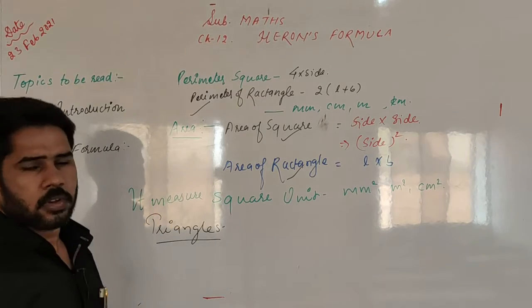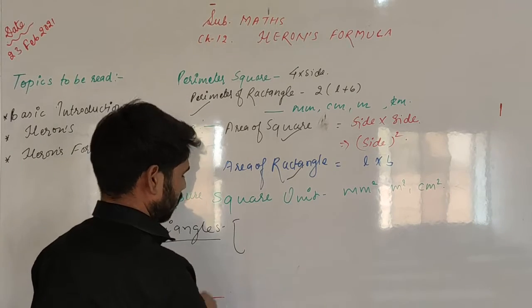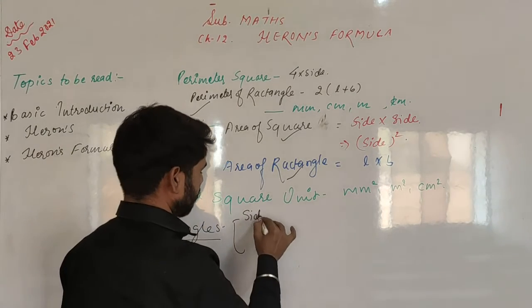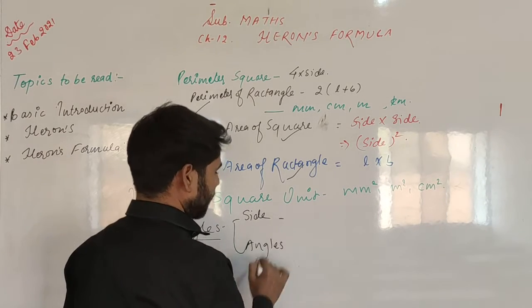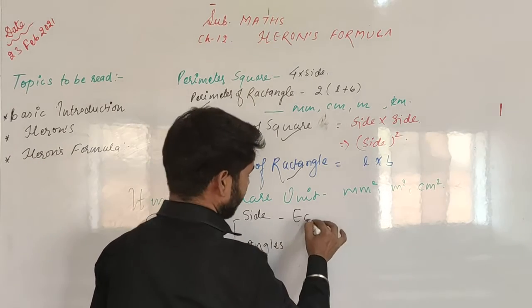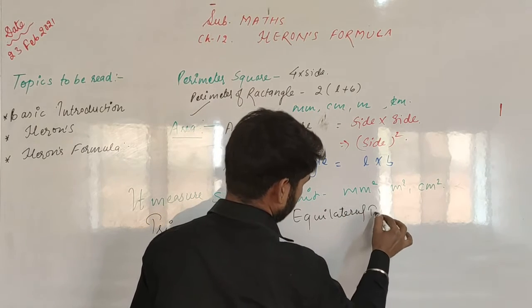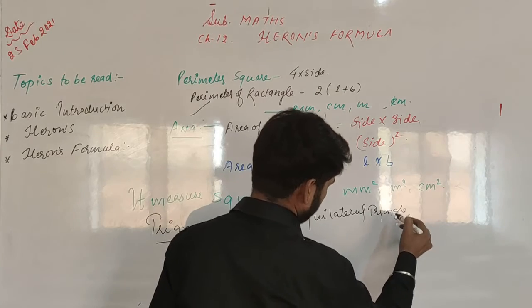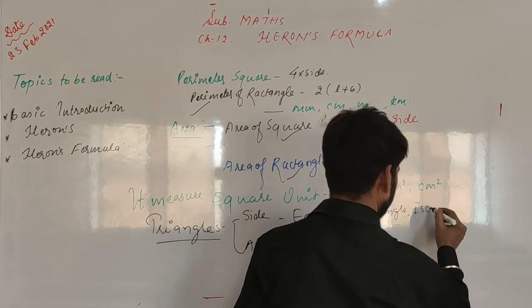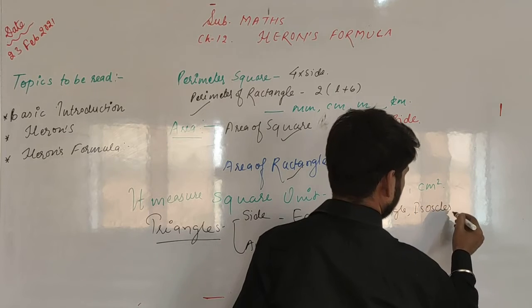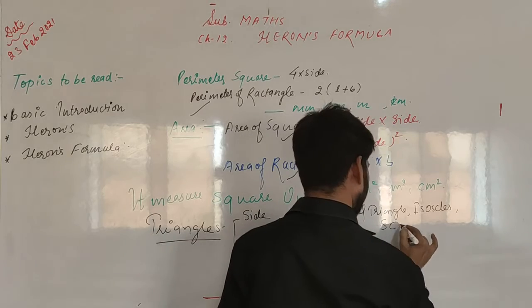There are several types of triangle on the basis of sides and angles. On the basis of sides, there are equilateral, isosceles, and scalene triangles.